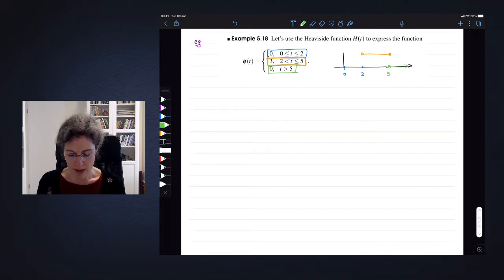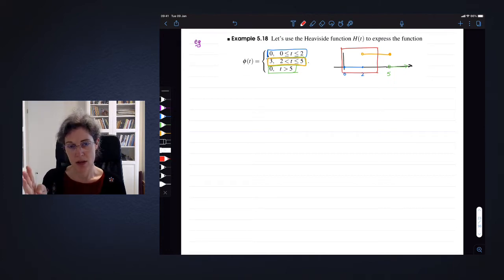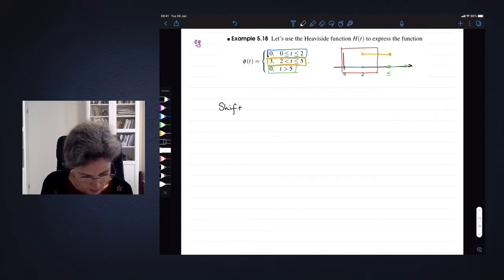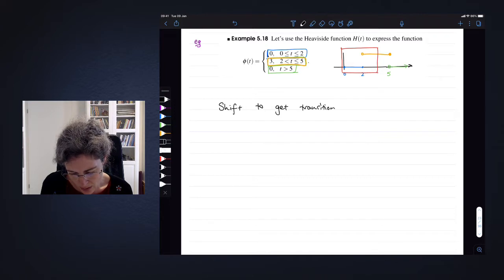So the first thing that we might think about is, well, let's just look at the first part of this. So we're just going to consider this first bit over here. And that looks almost like a Heaviside function, except we've shifted it to the right. So the first thing we can notice is that if we want to shift to get our transition from 0 to 1 at 2, what would we do?